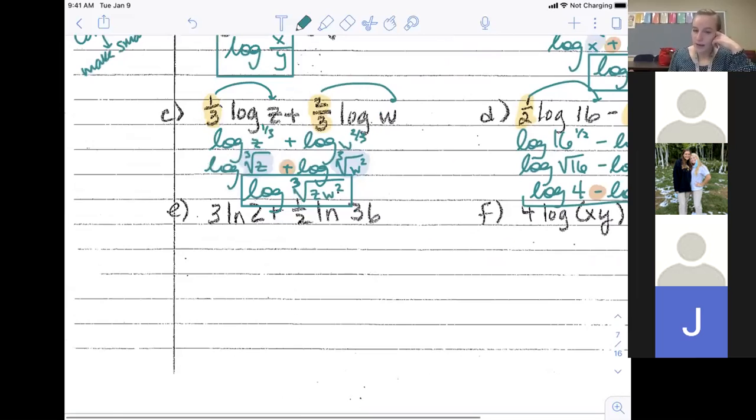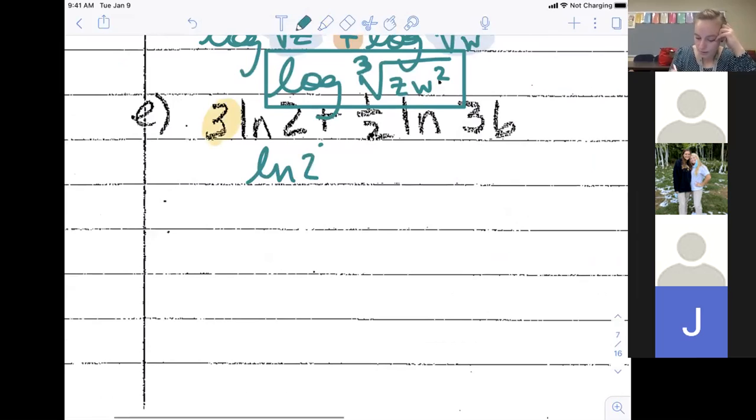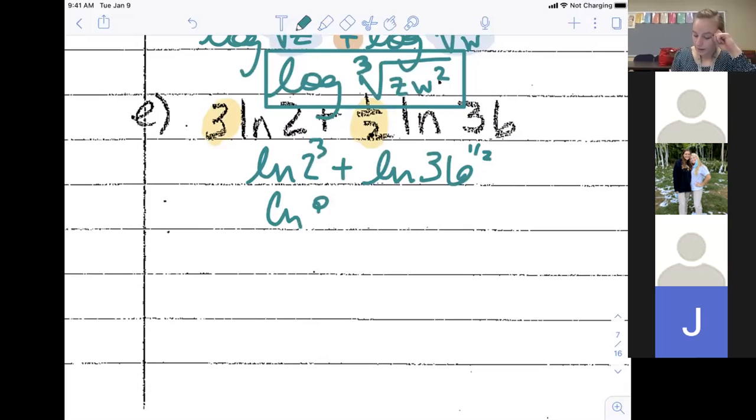We've got another one with numbers, but I think this will go a little easier. Let's do my coefficients to exponents first. So I've got 3 out front, so that makes it ln of 2 to the 3rd. And then I've got a 1/2 out front, which is the same thing as ln of 36 to the 1/2. Let's do those separately. 2 to the 3rd is just 8, so ln of 8. And then 36 to the 1/2 is ln of root 36.